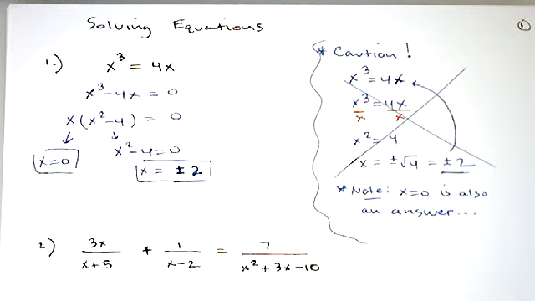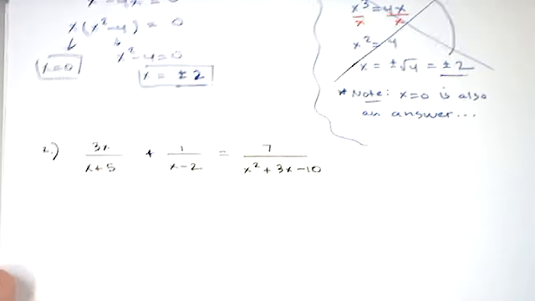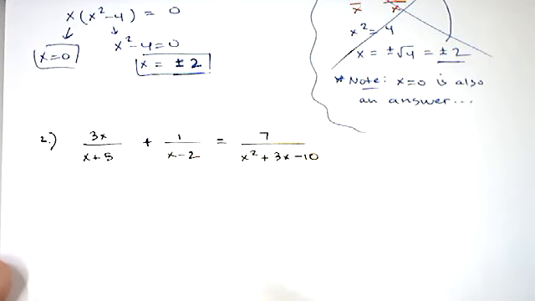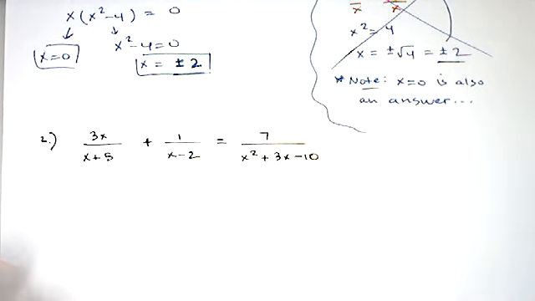Okay. Next problem is an equation with a bunch of fractions. And so the first thing you probably want to do here is factor anything that can be factored. So this can be factored.